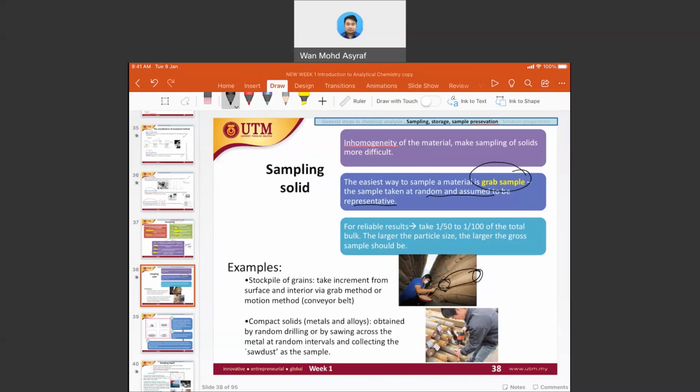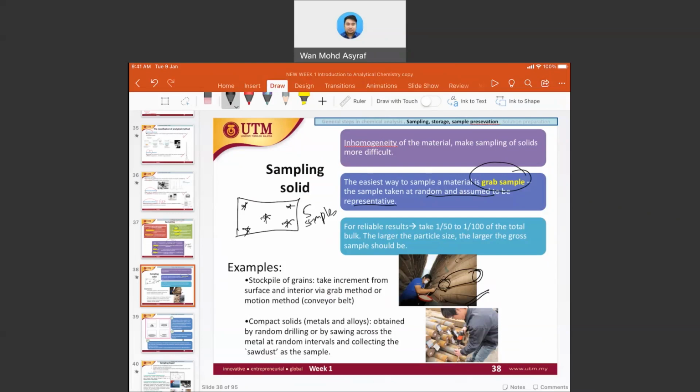For example, in this sack in this picture, it is a rectangular shape. So usually what we do is we take one from each of the four sides, and one in the middle. So basically we have 5 samples that are taken at random and assumed to be representative.